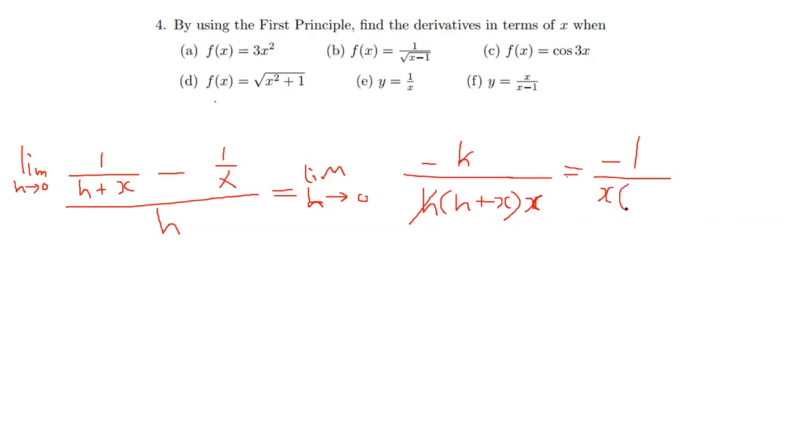While there is h, you are taking the limit when h is approaching 0, meaning while there is h, you put 0. So when you add 0 plus x, you still have x. And then this is going to be your final solution. So this is going to be your answer: negative 1 over x squared.